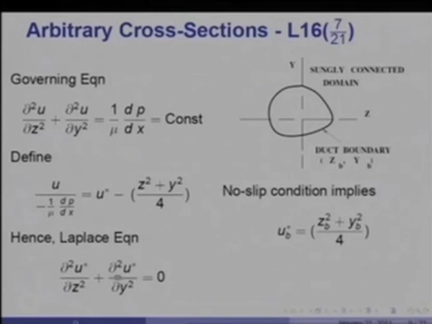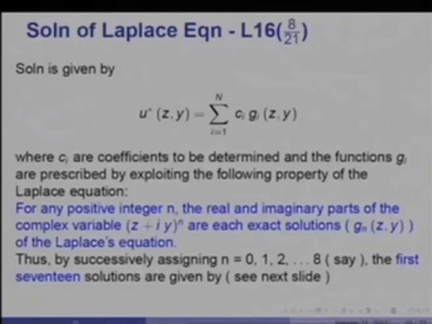How do we solve this Laplace equation on a domain which is completely arbitrary? The solution for such a Laplace equation is given as u star (z, y) is equal to the sum of coefficients C_i multiplied by some functions g_i(z, y). So, C_i's are the coefficients to be determined and g_i's are prescribed by exploiting a very special property of the Laplace equation, and that property is the following.